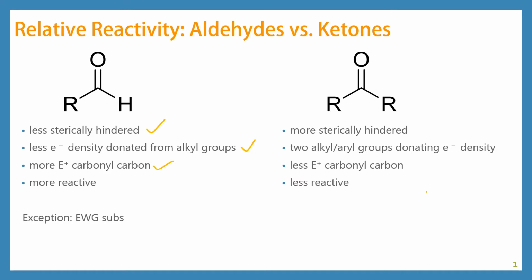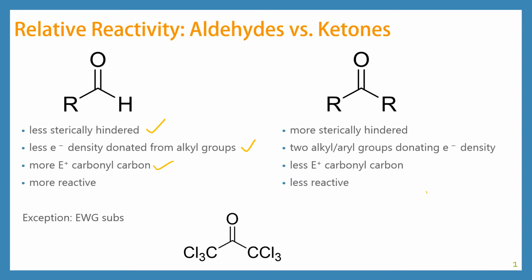Now, there's one exception here. If you have electron withdrawing groups or substituents that are part of a ketone, that is going to be a little more favorable. So consider having 3 chlorines substituting your hydrogens here. This does not have the issue of electron density being poured into the carbonyl.